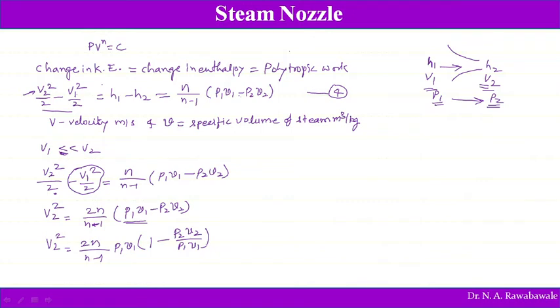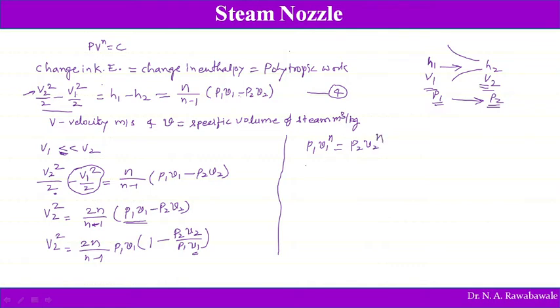Now we will see here this term V2 divided by V1, which we want to convert into pressure. So if we apply the polytropic law, P1 V1 to the power of n is equal to P2 V2 to the power of n.